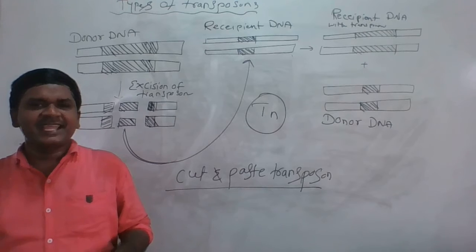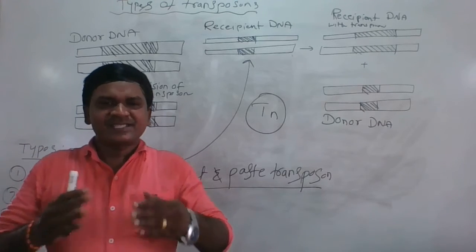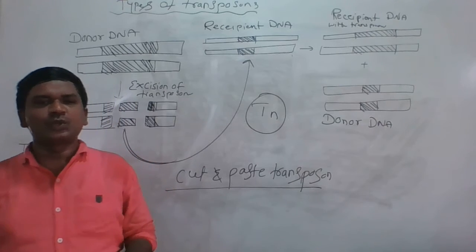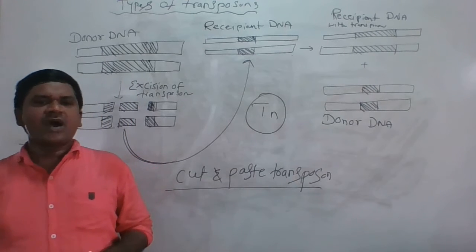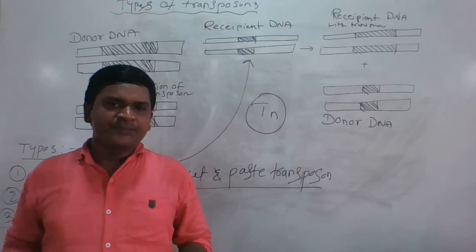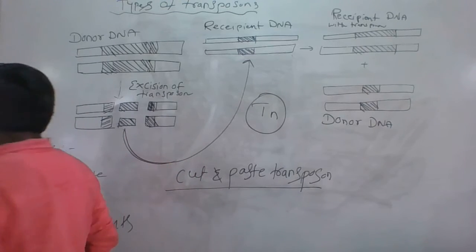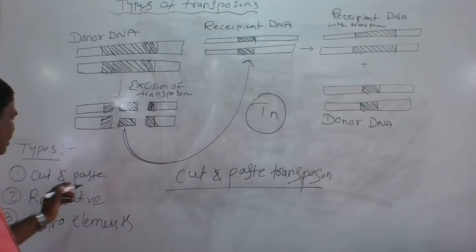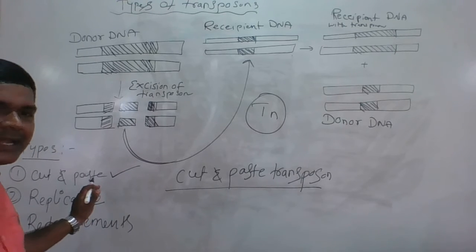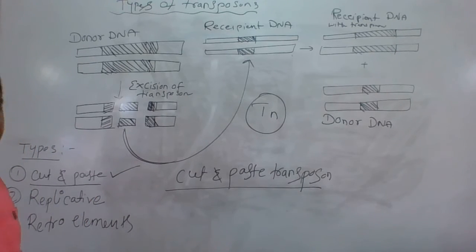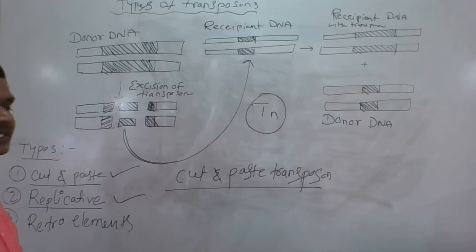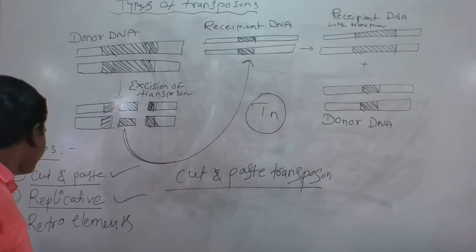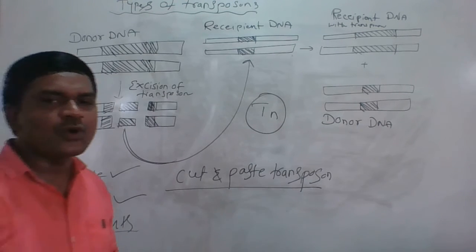Based upon the transposition mechanism, these transposons are mainly classified into three categories. What are those three categories of transposons? The first one is called cut and paste model of transposons, the second one is called replicative transposons, and the third one is called retro elements or retro transposons.